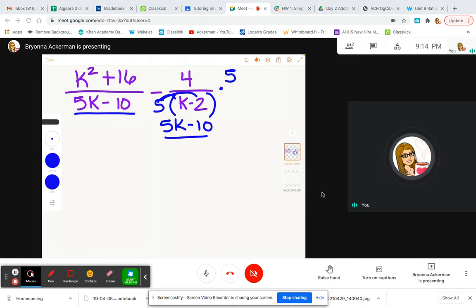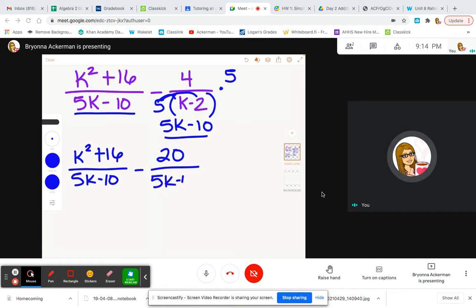Up top, we'll have 5 times 4, which is 20. If I rewrite this, we have the top as k squared plus 16 all over 5k minus 10, minus 20 over 5k minus 10.